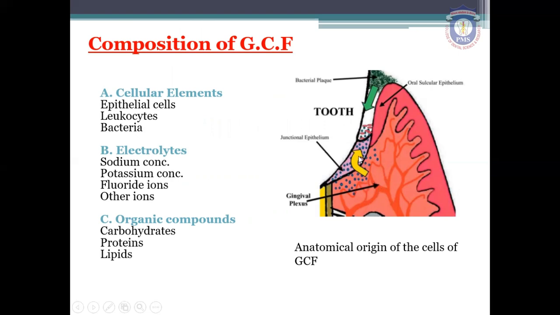Then they move to the epithelium and then they come into the gingival sulcus. Then it can contain bacteria from the plaque associated with this region. It contains various electrolytes such as sodium, potassium, fluoride, etc. Organic compounds like carbohydrates, lipids, and proteins.